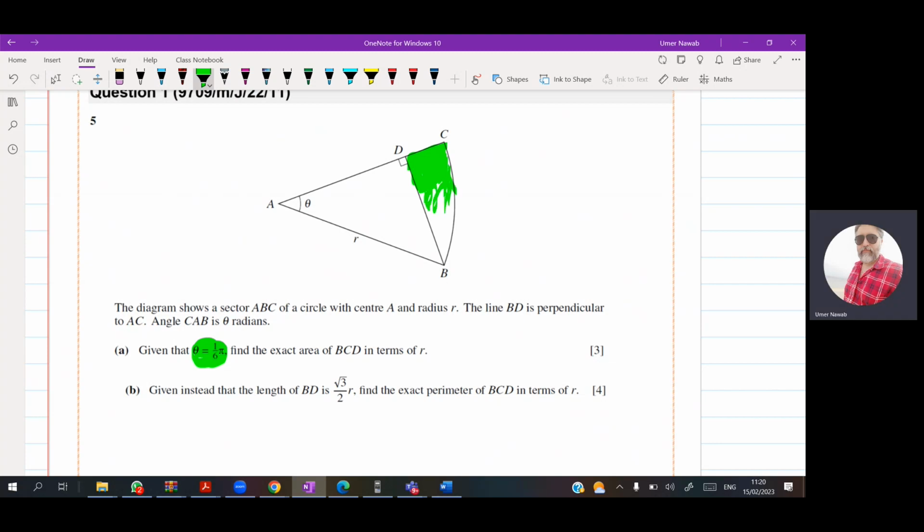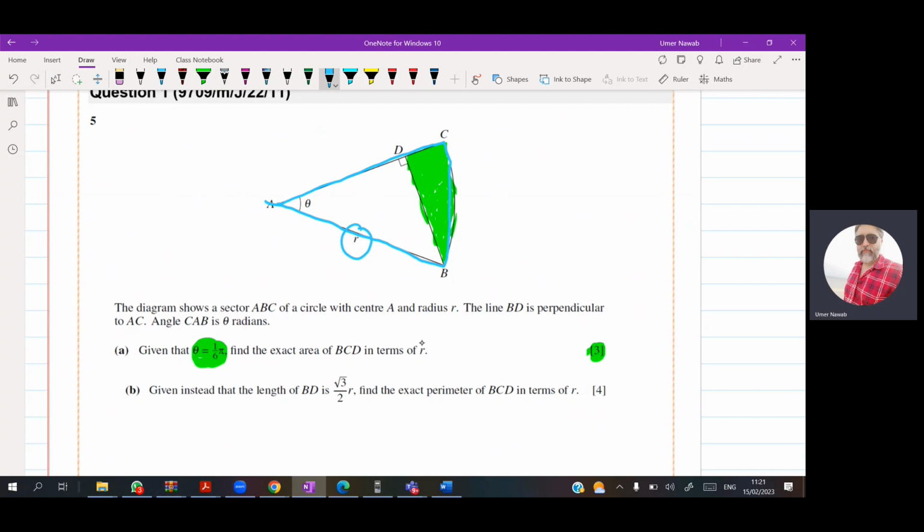I'm going to shade it for you so that you can see what type of area is required by the examiner. How many marks has he put for it? 3 marks. Think like an examiner about why he has put 3 marks for it. For sure, you will say, Mr. Omar, first of all, we need to find the area of this sector. Okay, good. Another thing you have noticed is that the examiner has not given you a numerical value of the radius.